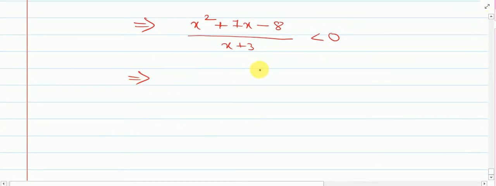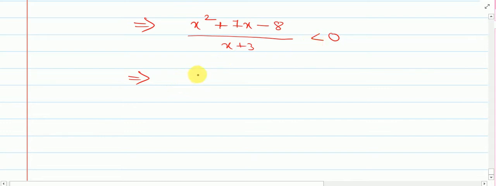Now what we will do next is, here you can see the denominator, it is x plus 3. So I will multiply the numerator and denominator by x plus 3. And when I am multiplying and dividing by the same number, the direction of this sign will not change.